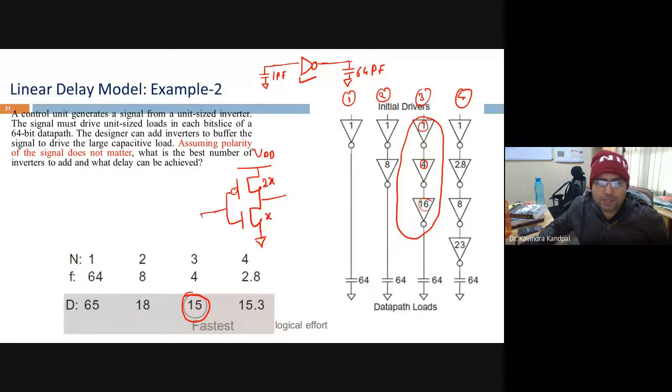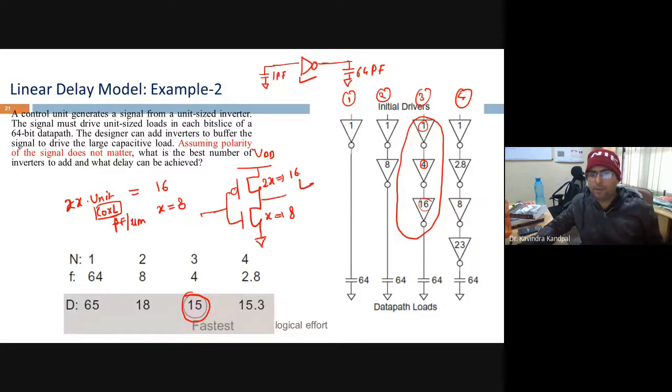So 2X plus X times COX into L, which is of the order of femtofarad per micrometer, or maybe picofarad per micrometer, has to be equal to 16. This gives X equal to 8, and the other 16 units or micrometers. Are you getting my point?